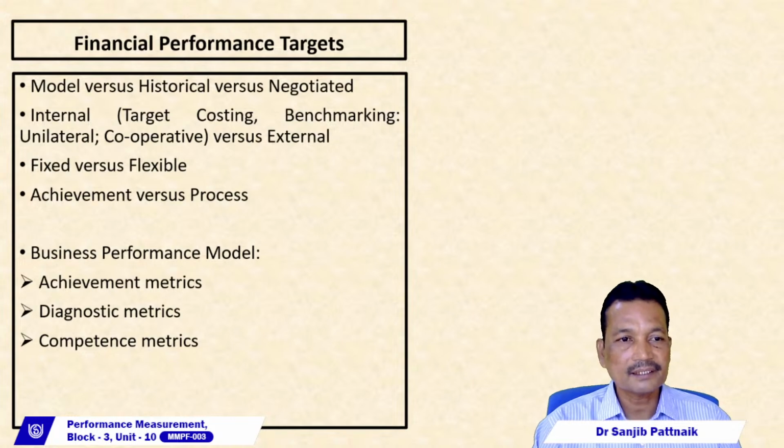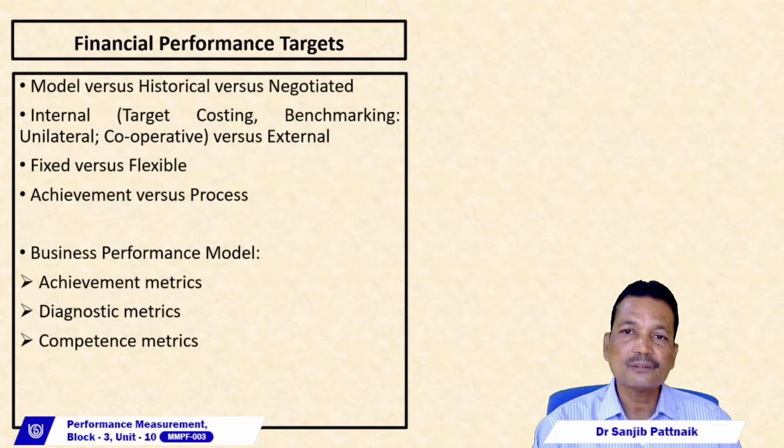It can be unilateral as well as cooperative. When we are talking of unilateral, we are talking of a single basis for forming the performance target. When you are talking of cooperative, then you talk of a number of bases combined together to form our performance target.